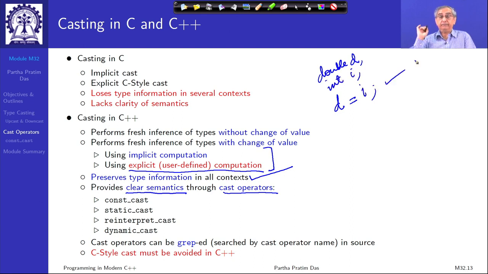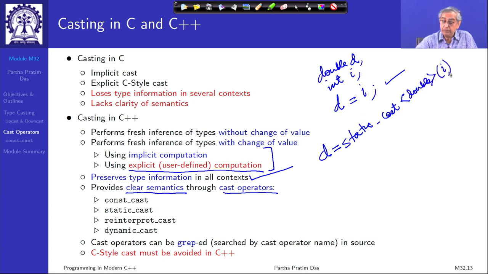This is valid in C, implicit. In C++, writing it in the C++ way, I might write this as static_cast<double>(i). A little bit more writing, I agree, but what does it say?